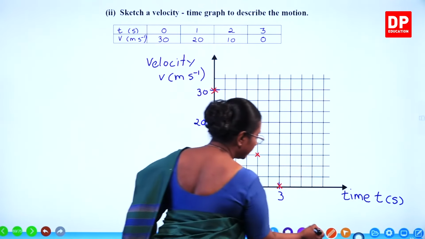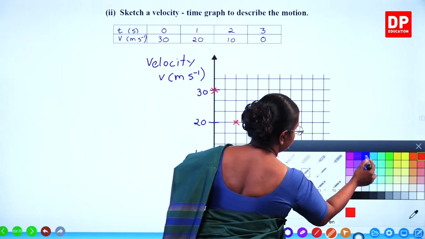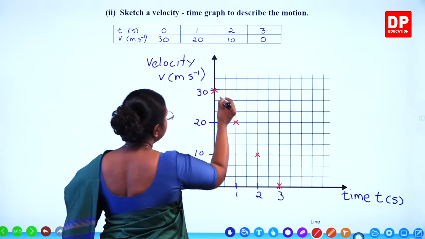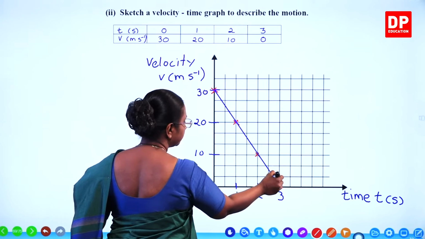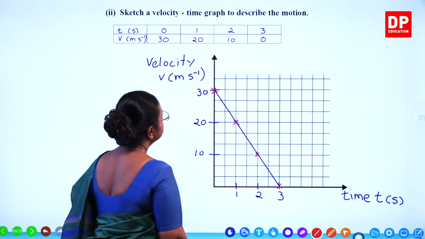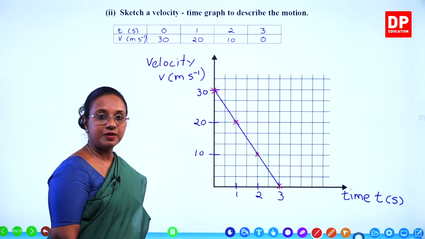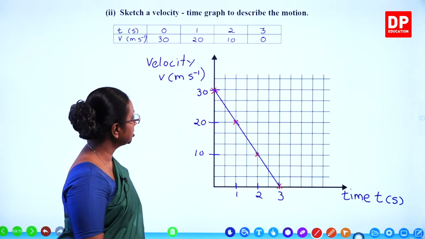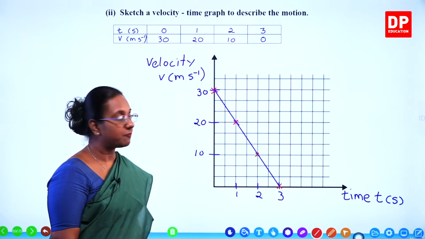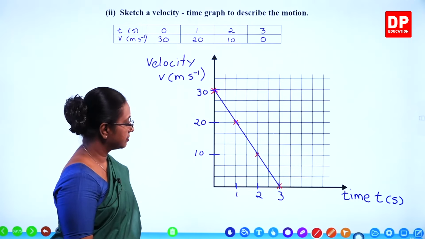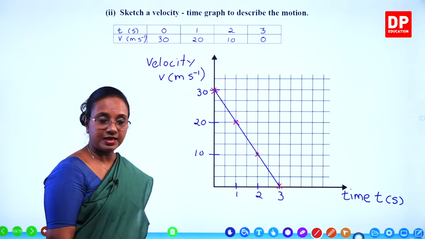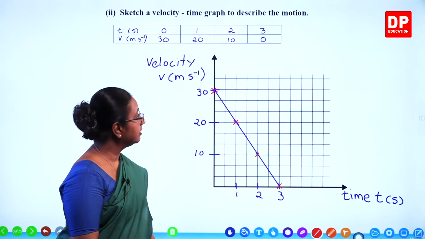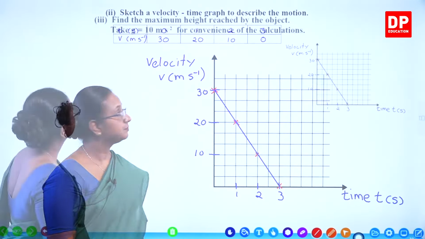And if I connect all the coordinates, you will get a straight line starting from the maximum velocity at which the object was projected upwards, that is 30 meters per second, coming down to 0 meters per second at the end of 3 seconds.